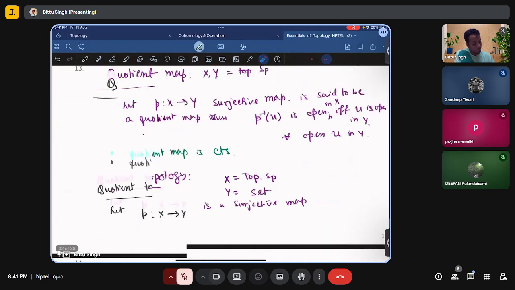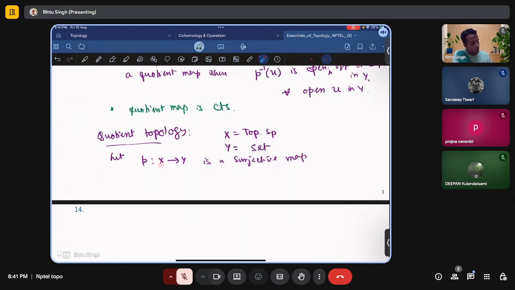The same way we'll topologize this Y. Here instead of X modulo the relation, this is some Y and this is some surjective map, right? So put a topology on Y. How can we put it?